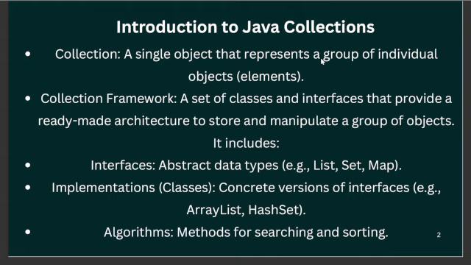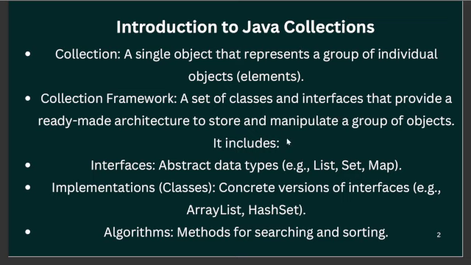Now comes the important part: what is the collection framework? A collection framework is basically a ready-made system in Java that helps us store data, manage data and manipulate data easily. It is a set of classes and interfaces that provide a ready-made architecture to store and manipulate a group of objects.